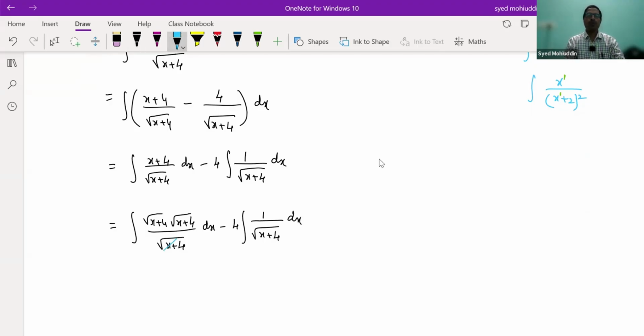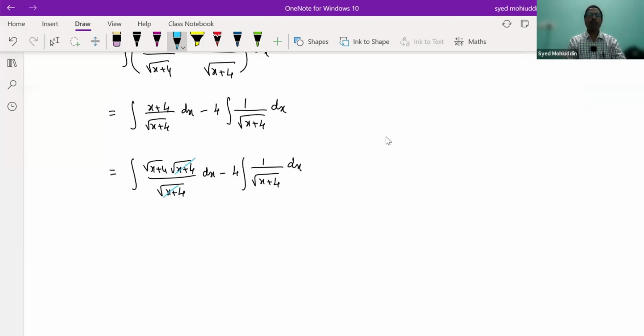Root of x plus 4 and root of x plus 4 will cancel out, and you'll be left with integral of root of x plus 4 into dx minus 4 times the integral of 1 by root of x plus 4 into dx.